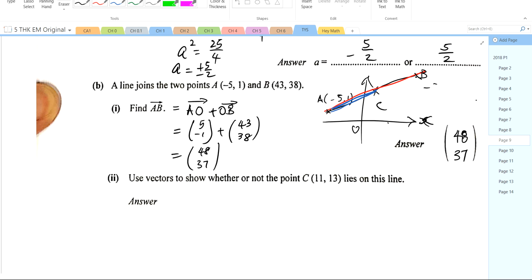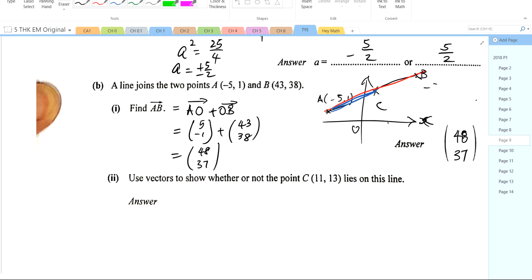Same gradient. Okay, do you agree with what she just said? If the red and the blue lines are on the same line, they must have the same gradient. That was your point, right? Okay, having the same gradient doesn't mean that they are on the same line.